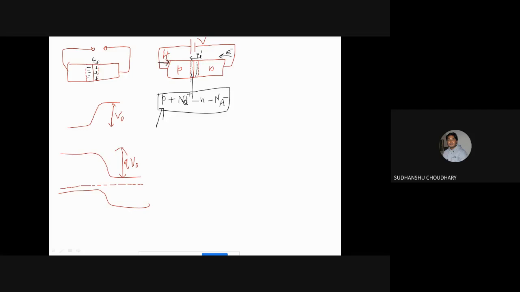The equilibrium electric field was, let us say, E0 or maybe E. So now it is E dash, and this electric field has changed its value from the equilibrium value. So that means the diffusion of carriers will start happening from P to N and N to P, because we have disturbed the equilibrium of this junction by applying a bias across it.